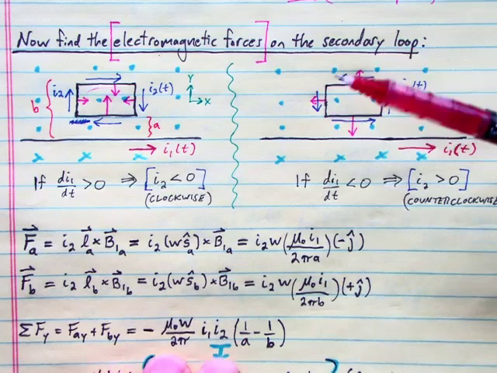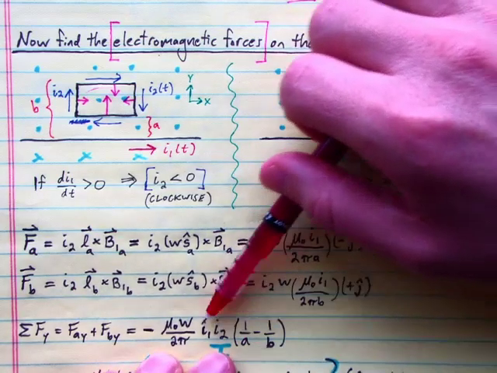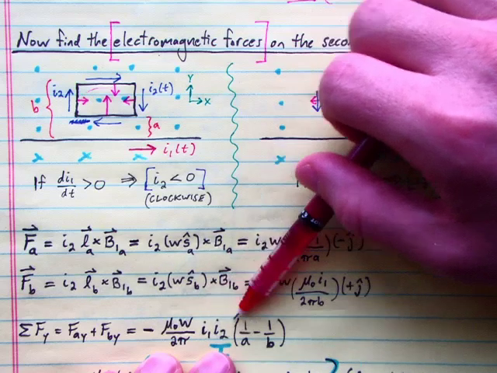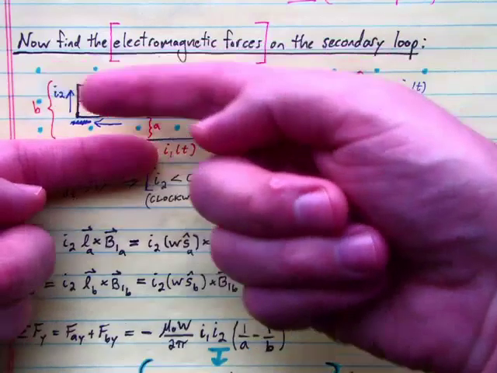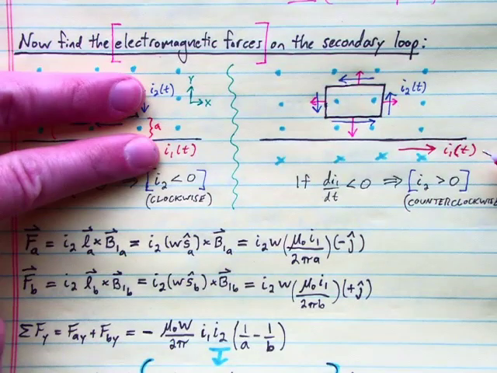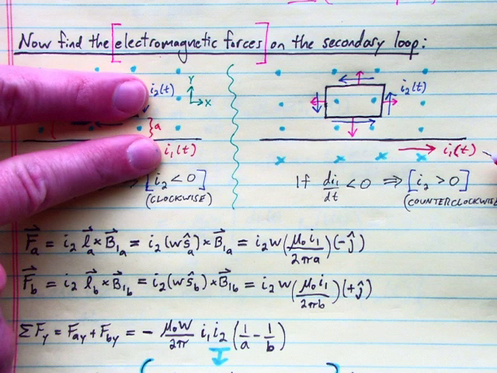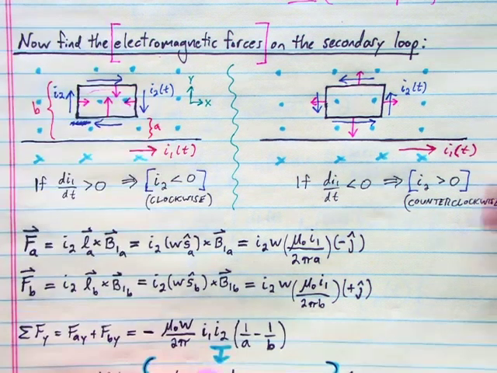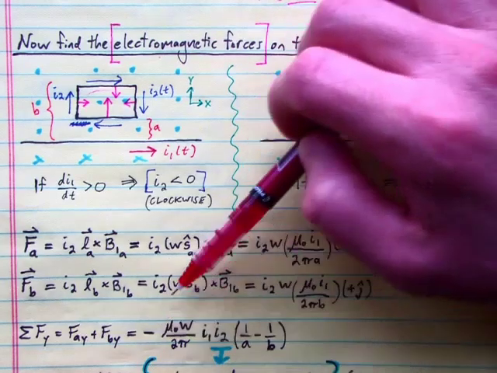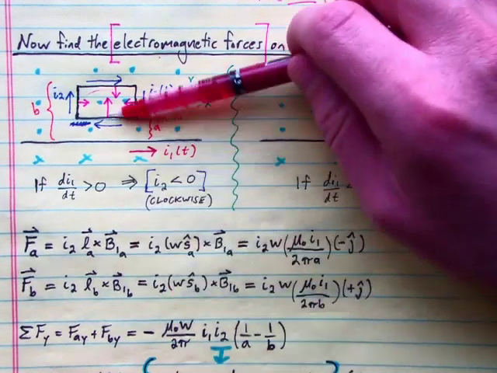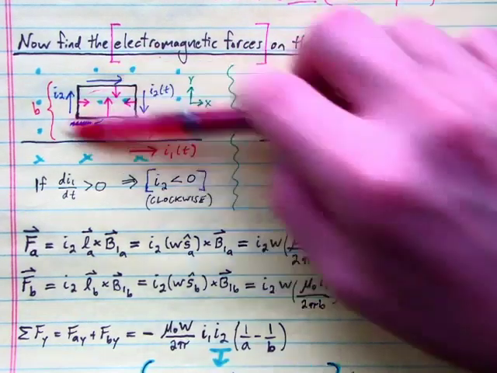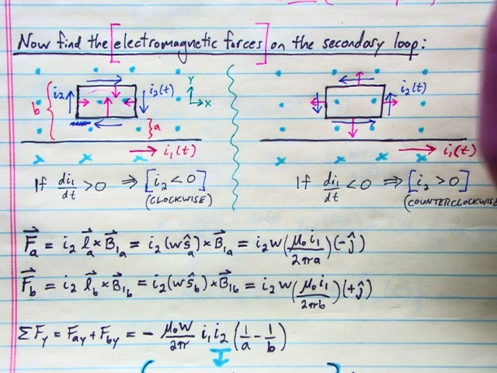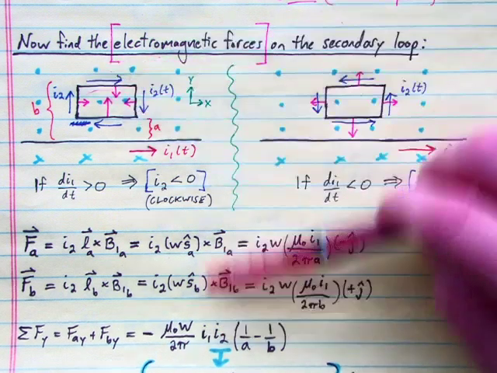So again, let's check that if I1 and I2 are both positive, then these wires should attract. I1 and I2, they should attract, so we should get a net force in the negative y direction. This bottom segment should be pulled down, or the whole rectangular loop will overall be pulled down towards the primary.